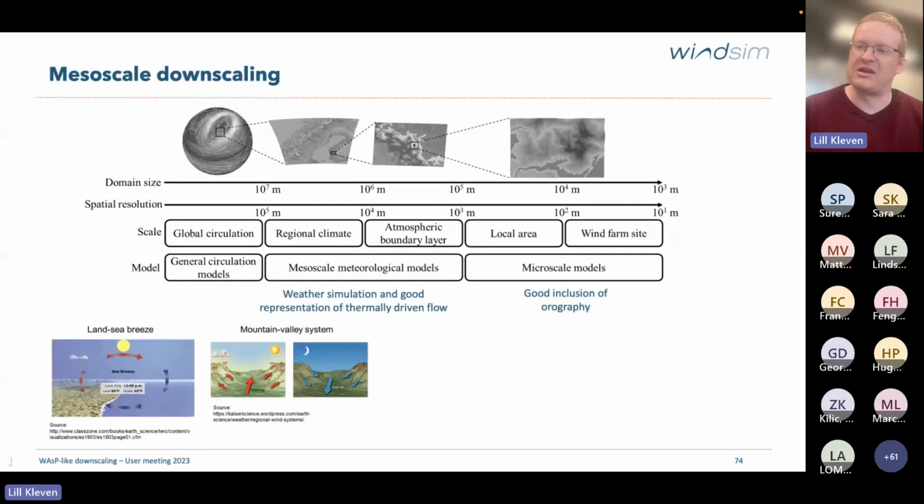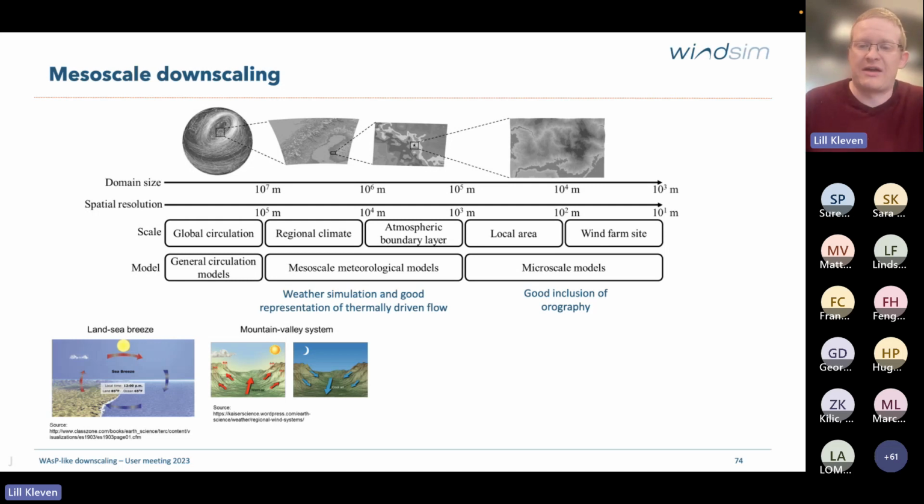Mesoscale models play an important role in modeling the atmospheric flow. They are very good at simulating small-scale weather patterns like sea breezes and katabatic winds at scales of a couple of kilometers or more.